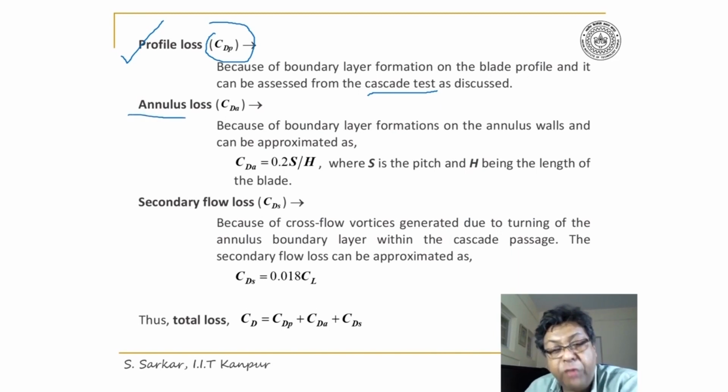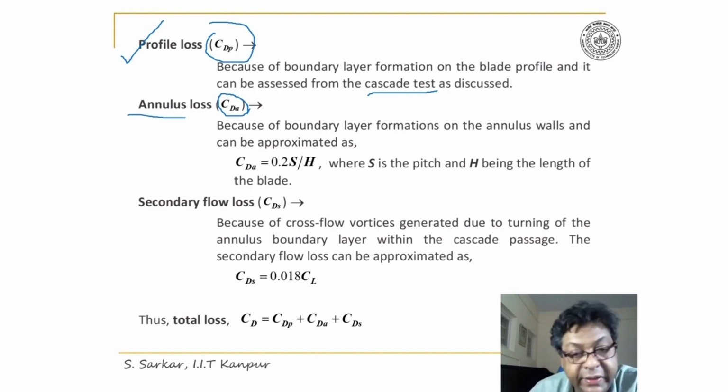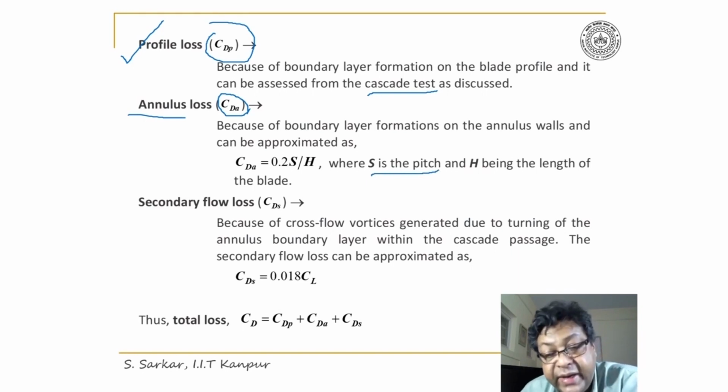The boundary layer will form on the annulus wall, and because of the formation of the boundary layer on the annulus wall, there will be some loss, and this is designated as CDA, and CDA is well correlated with a relation as 0.2 s divided by h, where s is the pitch and h is the height of the blade.